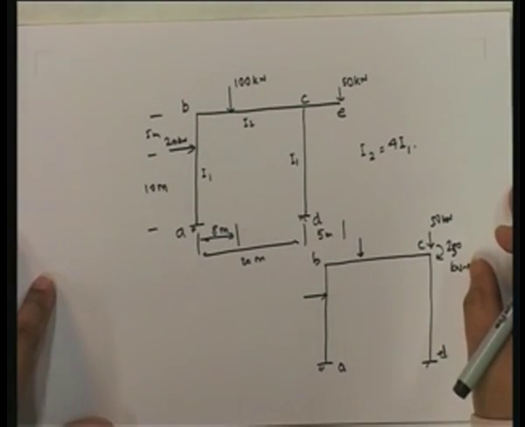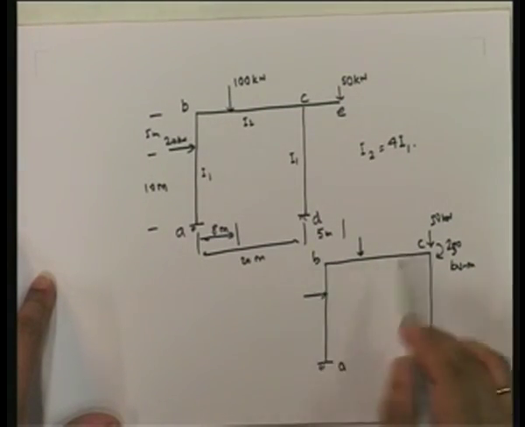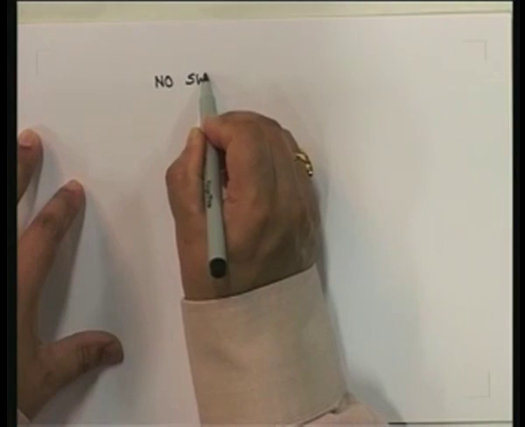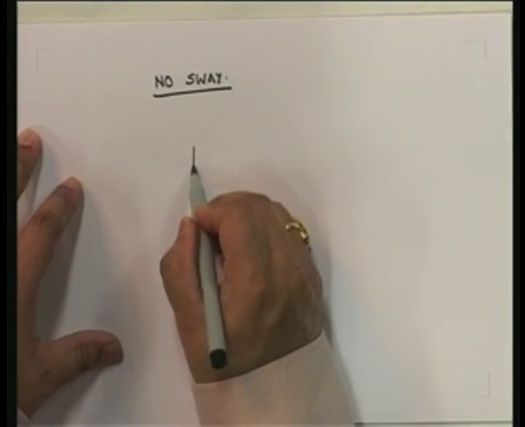Okay, in this case, what's the first step? Well, you know that there are 3 degrees of freedom. These are the 2 rotations. There is a sway degree of freedom. So the first step is essentially to solve the no sway problem. So how does this problem look with no sway?